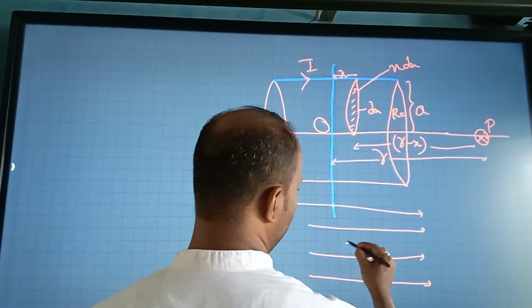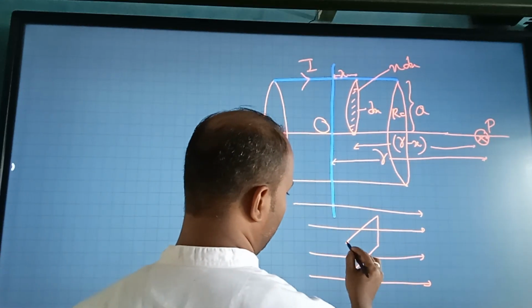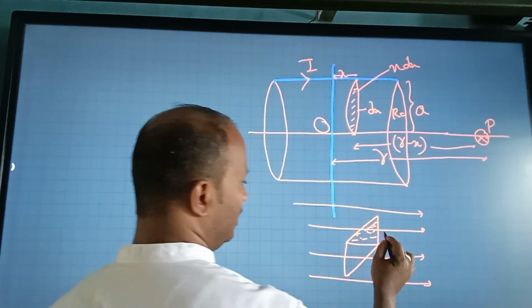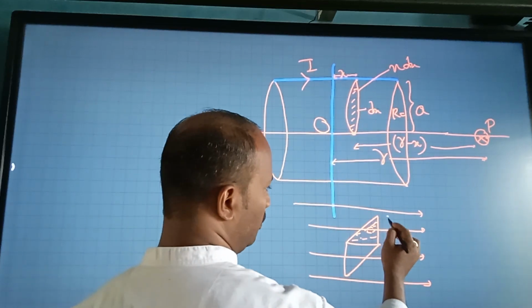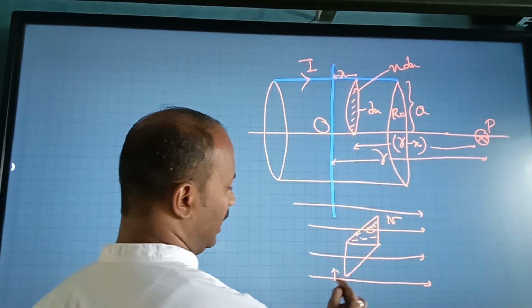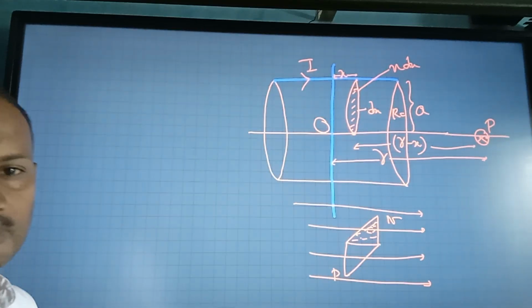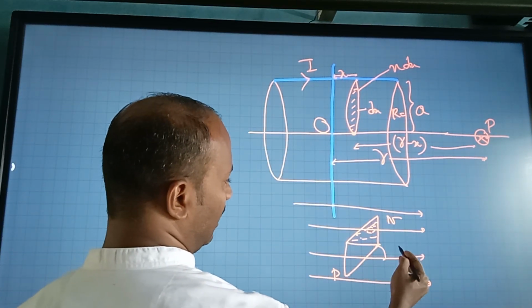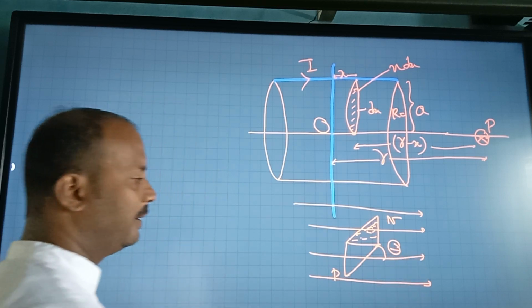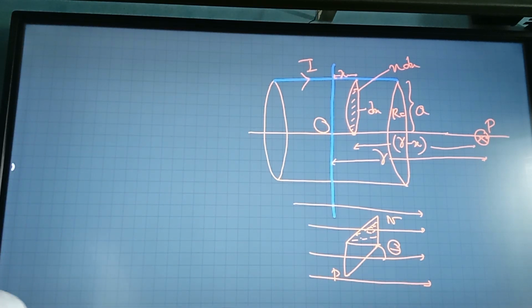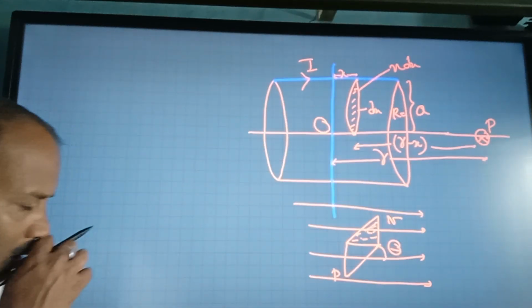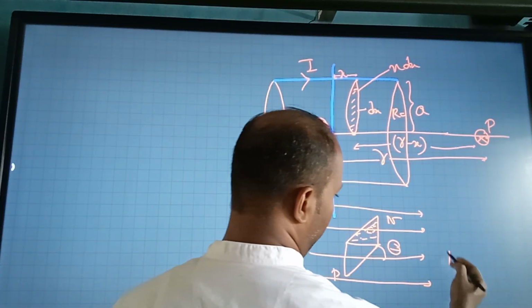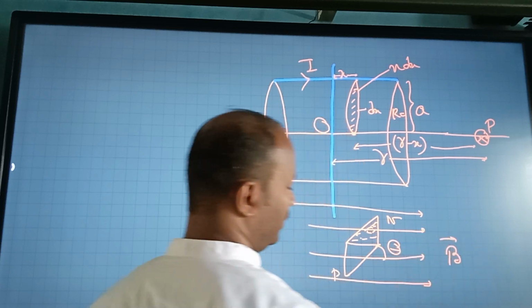A bar magnet has two poles, north pole and south pole. This bar magnet makes an angle theta with the uniform magnetic field.